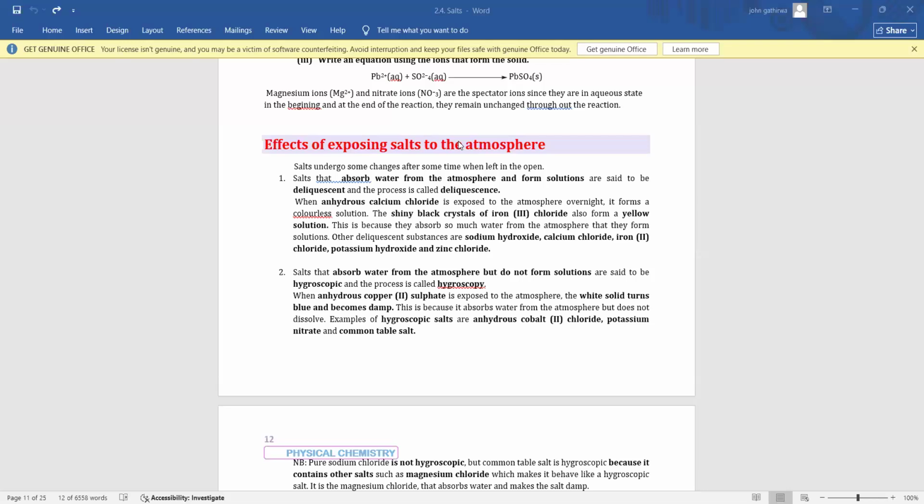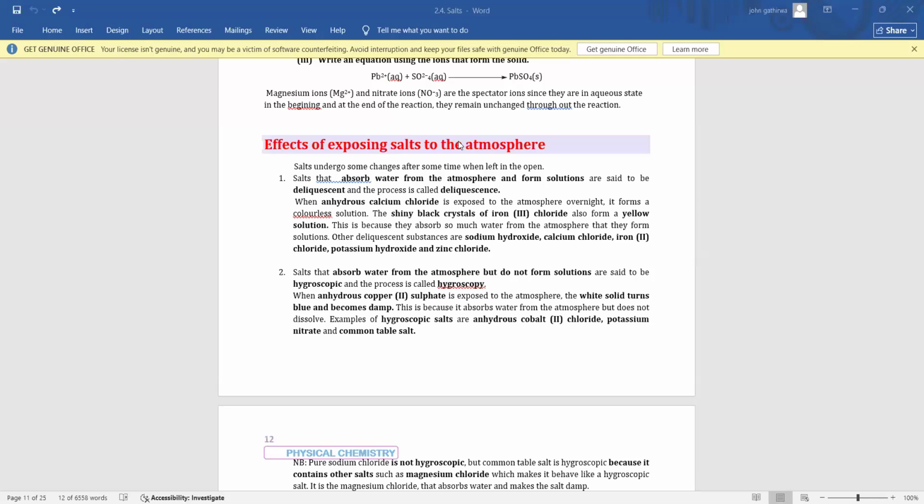Could you kindly repeat the answer for the last question, on separation of lead chloride and silver chloride? Add warm water to the mixture to dissolve lead-2 chloride.